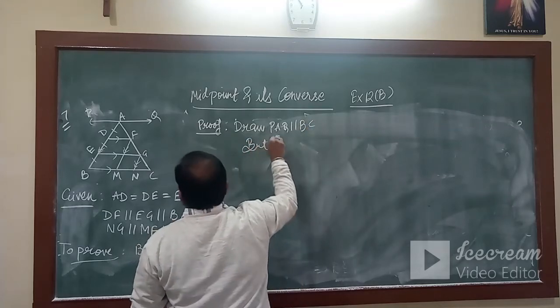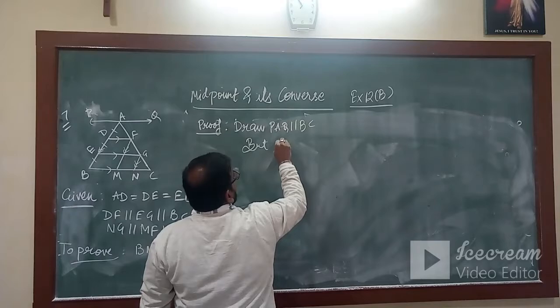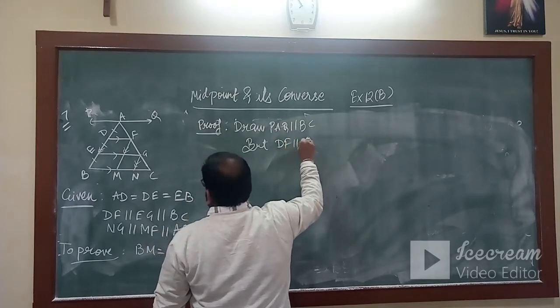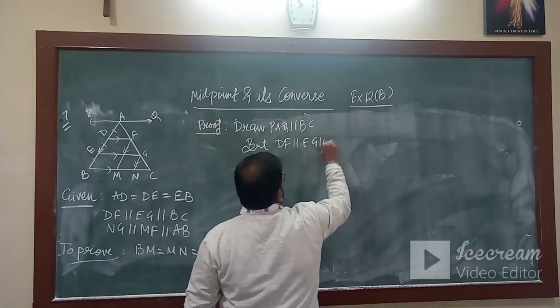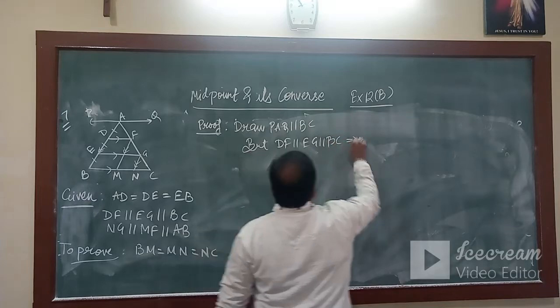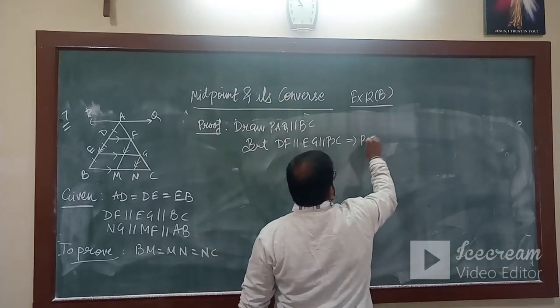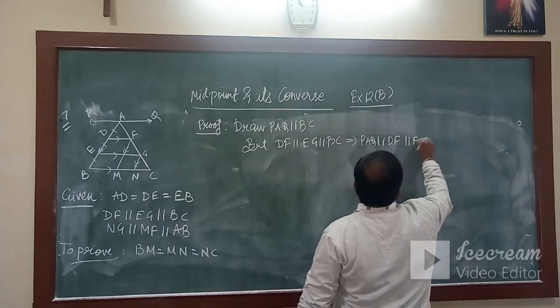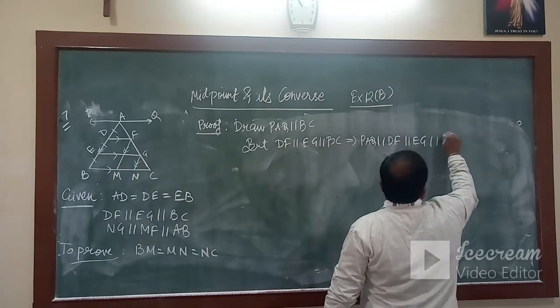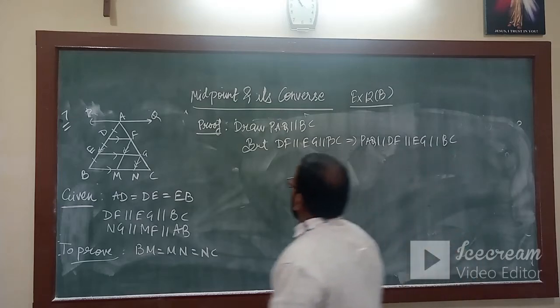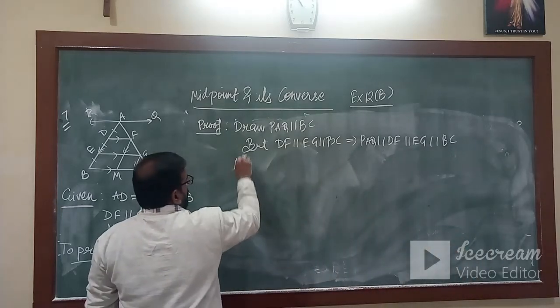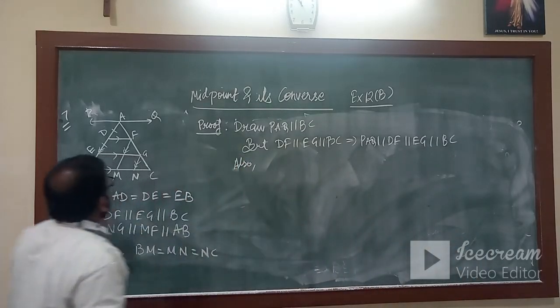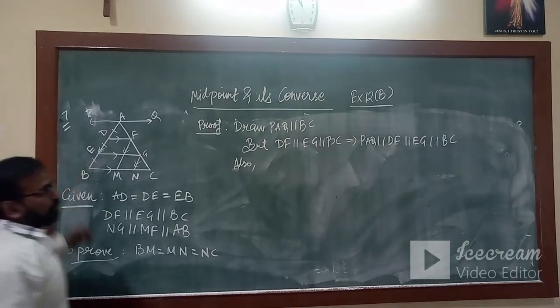But what we know? DF is parallel to EG is parallel to BC. That we know. So that means these all four lines are now parallel to each other. Okay. So this we have proved. Also what is given? AD equal to DE equal to EB.